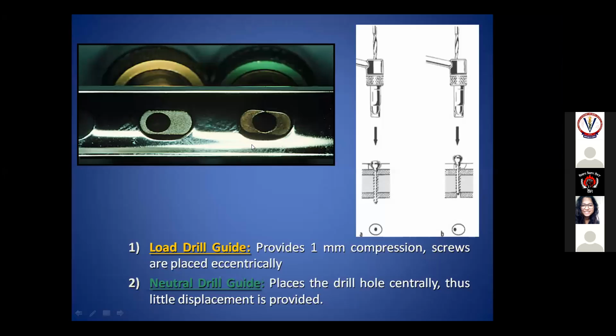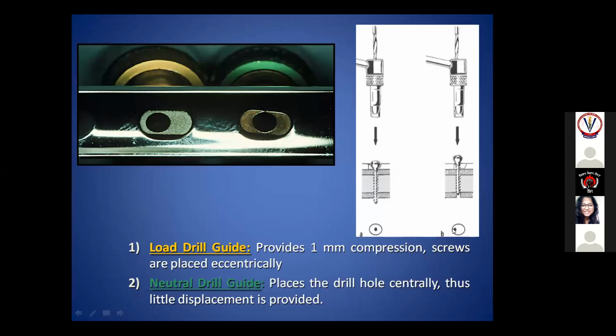And the basic difference between a loaded guide and the neutral guide is the position of the hole in the guide. So this is a guide here. We are using this drill bit to drill a hole through the guide here. If you use a loaded guide, you will be drilling the hole eccentrically, not exactly at the center. See here, this is a loaded guide.